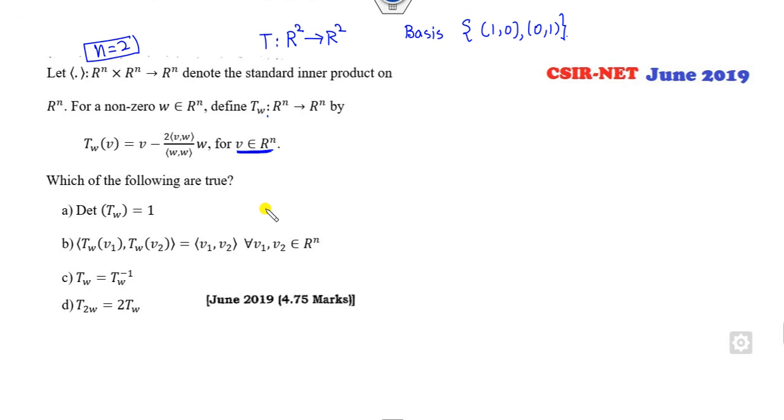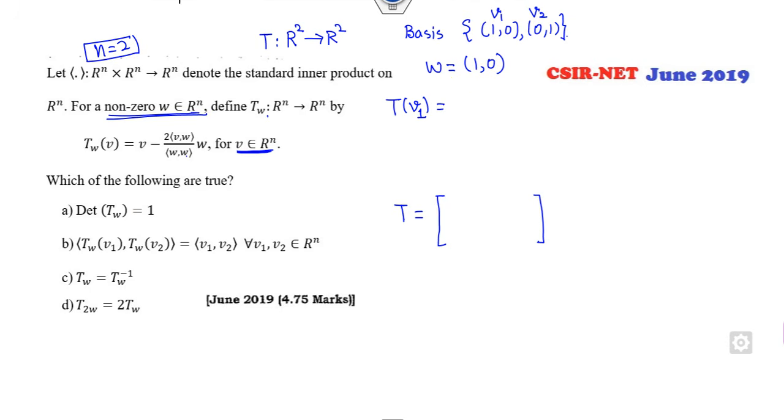Then the determinant is very simple. What is W? W is any non-zero value. For the sake of simplicity, I can choose W as 1. So what is my T of V? Because I need to find the matrix, T of V1. I call this V1 and this V2.